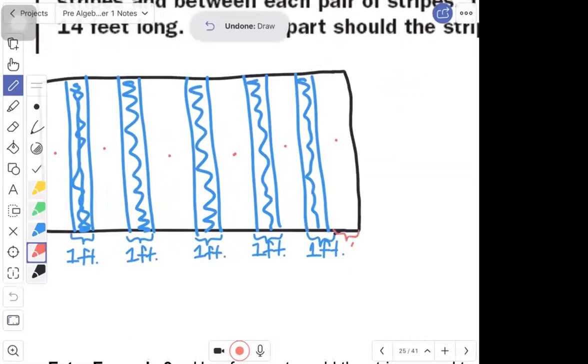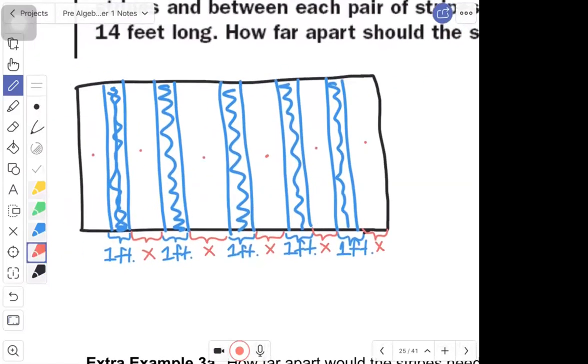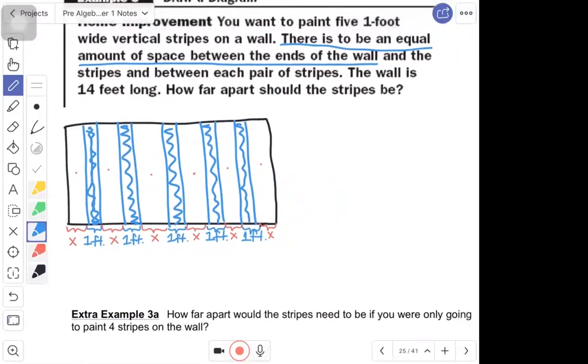So that length is X. That length is X. Each of those lengths are X. And I'm just drawing Mrs. Kane's favorite curly bracket. Mine aren't as cool as hers. Next, they're saying the wall is 14 feet long. So now we know the length of this whole wall.